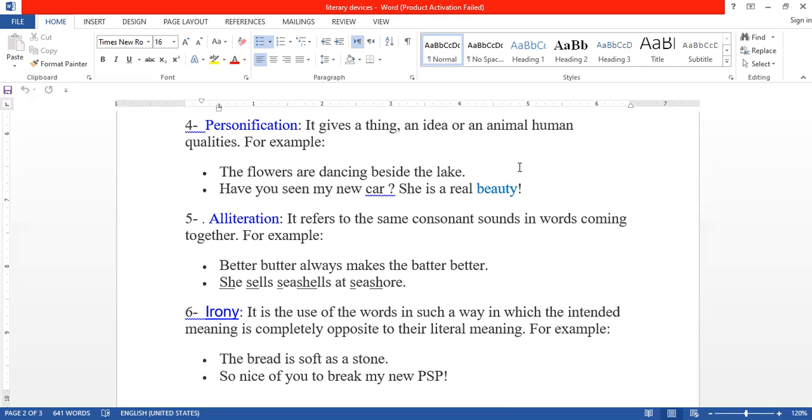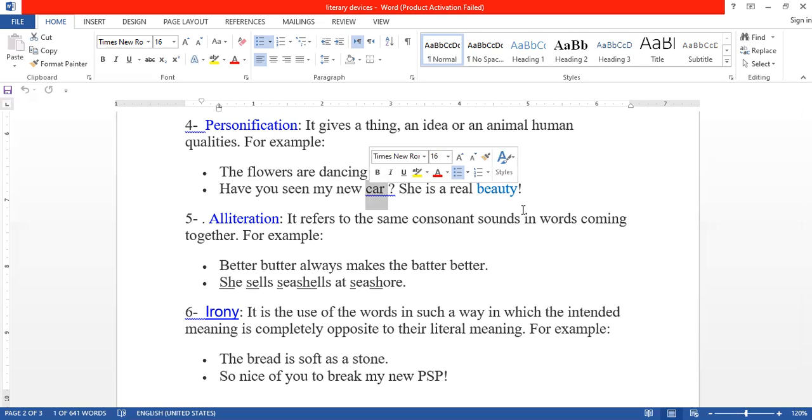We have to use it. So is she wrong? Listen to me. Here, we are talking about personification. It's not a matter of mistake. In other words, the car looks like a person. All right?